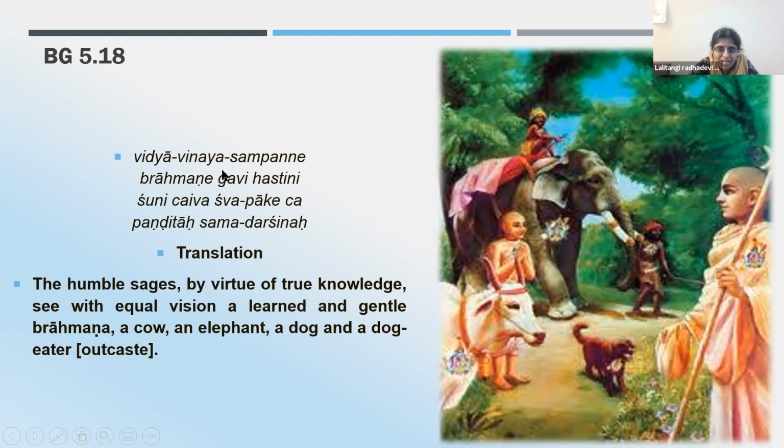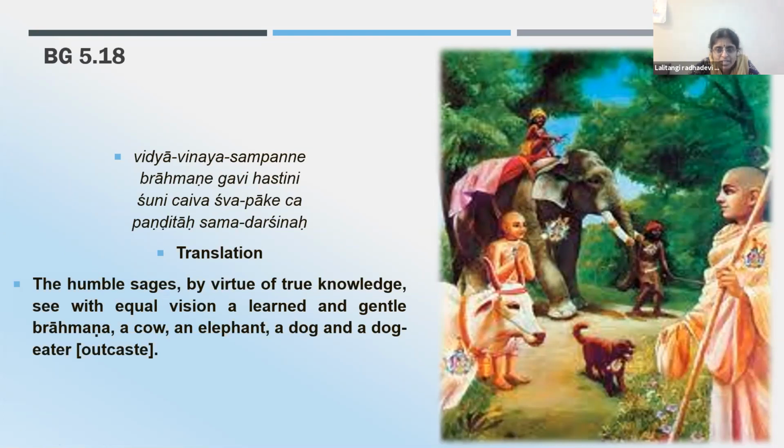What's the meaning of Vinaya, Balavrinda? Humble. Yes, humility. Vidya, Vinaya, Sampanne. Vidya is knowledge and Vinaya is humility. Sampanne means being endowed with. So the humble sages, because humility is the symptom of knowledge.